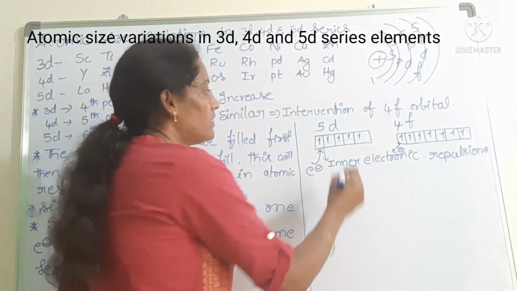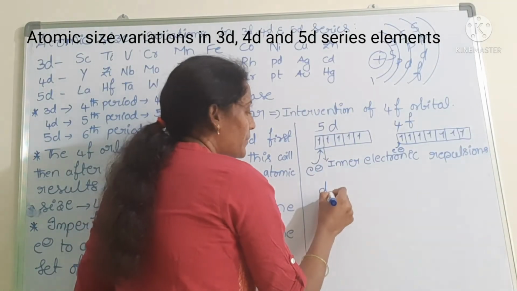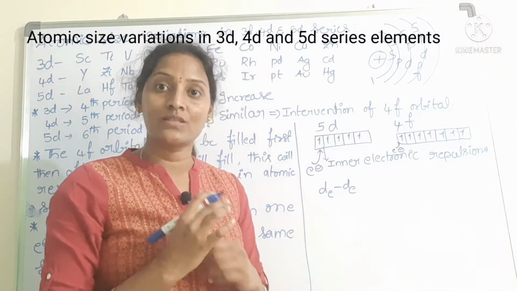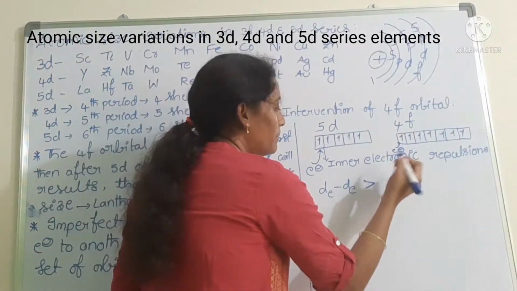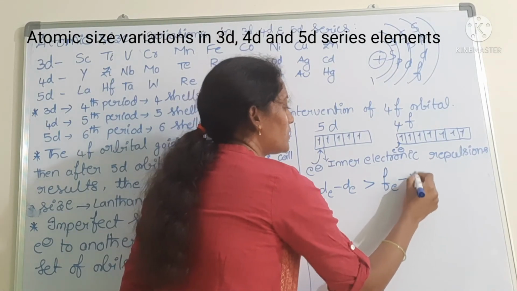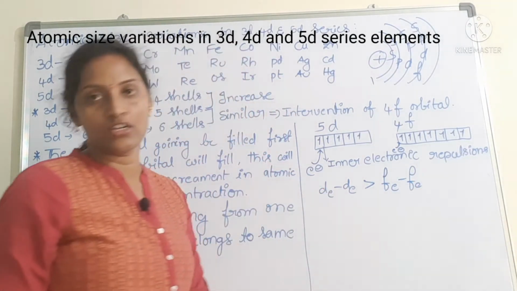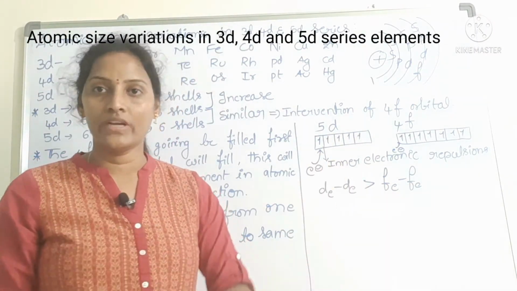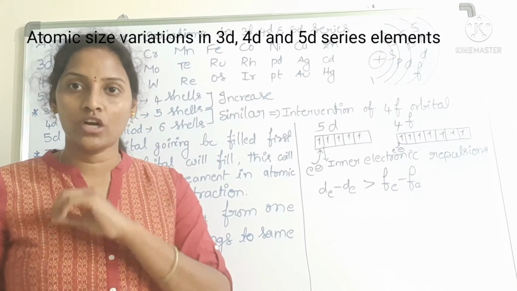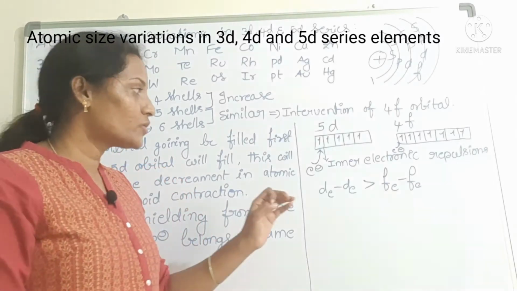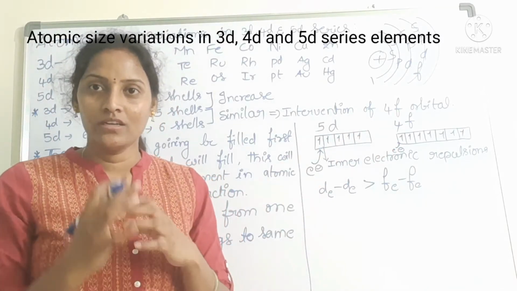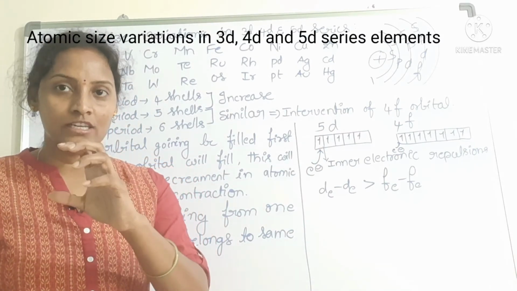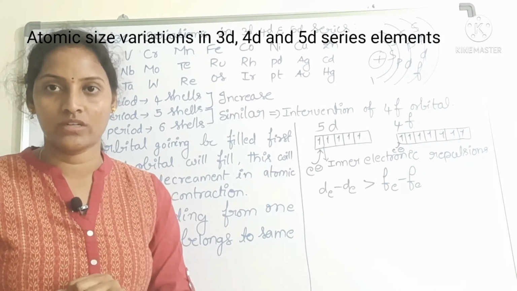Here the electronic repulsion between one d electron and another d electron is more compared to that between one f electron and another f electron. So the f orbital is going to be filled first. So 4f is filled first, then after only 5d. This is the reason responsible for lanthanide contraction.